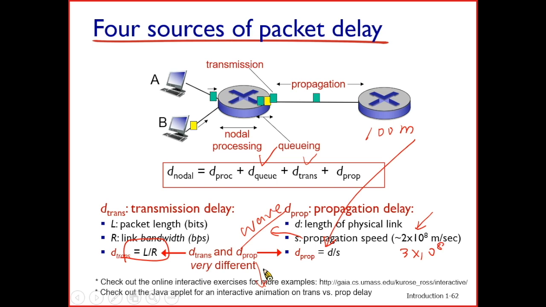Here the capability is the transmission capability R. It allows the packet to be moved from the output link to the transmission line. Maybe you can think of this as an evacuation, so that you can get it onto the transmission line. This is the transmission delay.